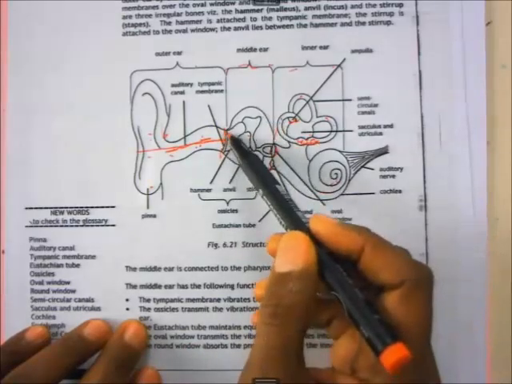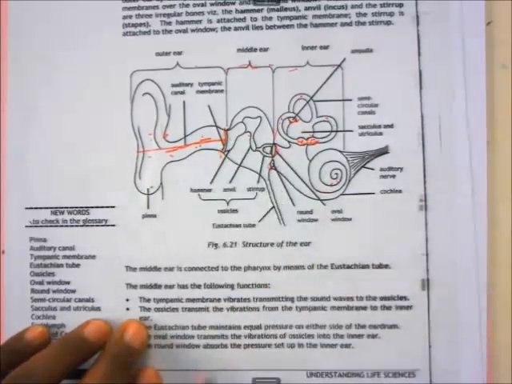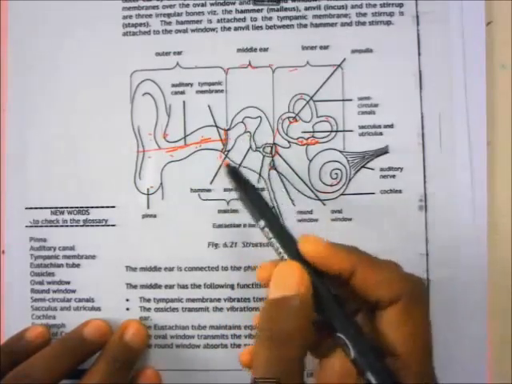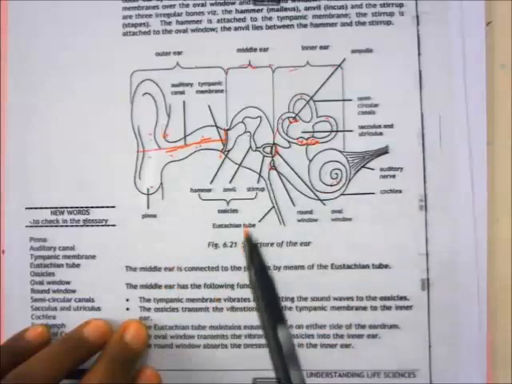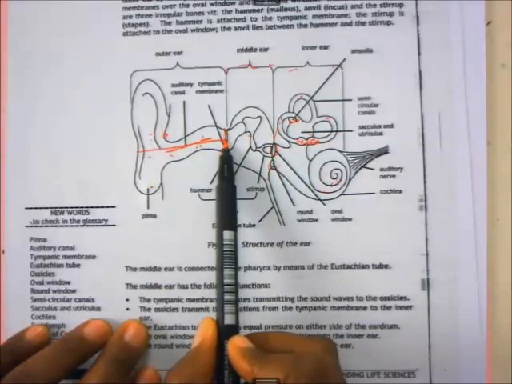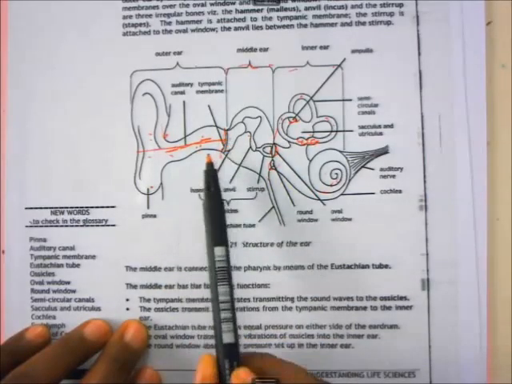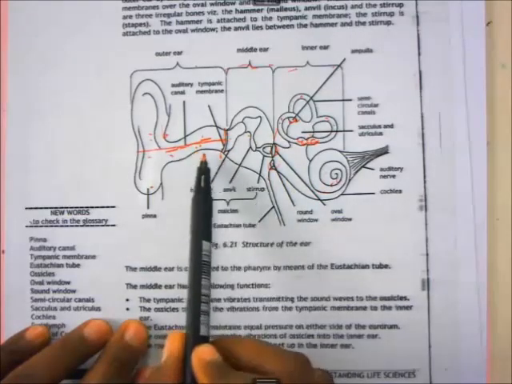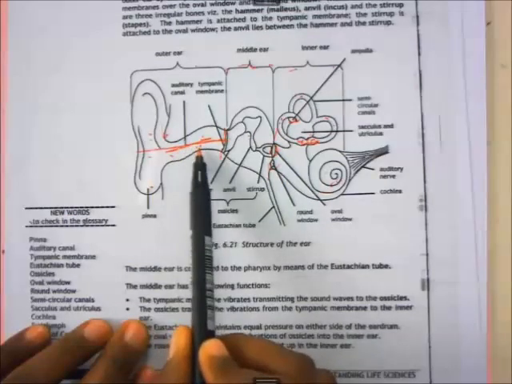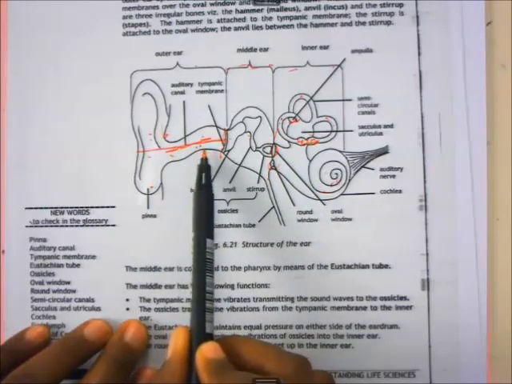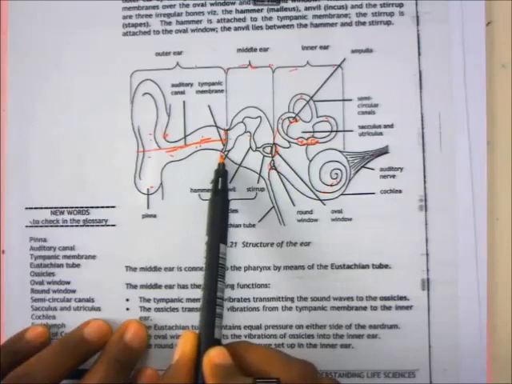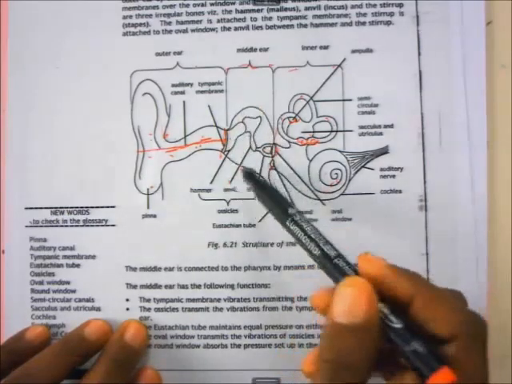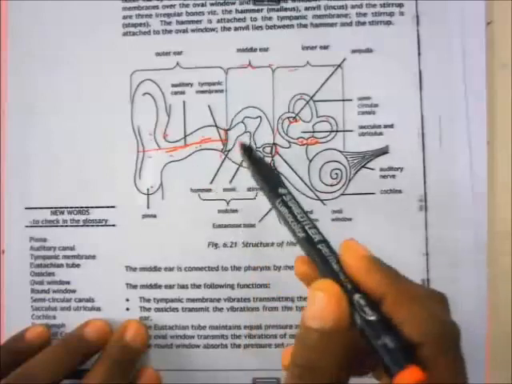Coming to the middle ear, I said we have the tympanic membrane as part of the middle ear. The function of the tympanic membrane is to vibrate, meaning that when it receives the sound waves from the auditory canal, it vibrates. What allows the tympanic membrane to vibrate?